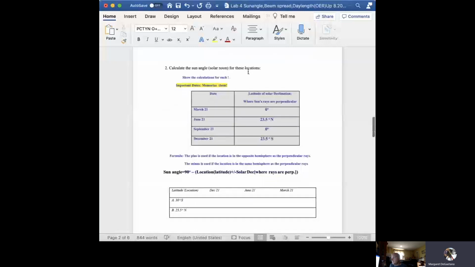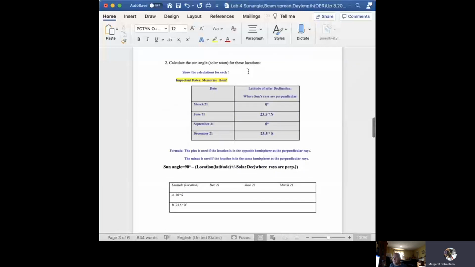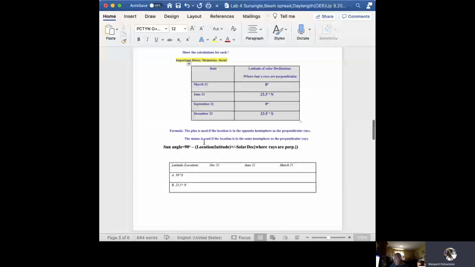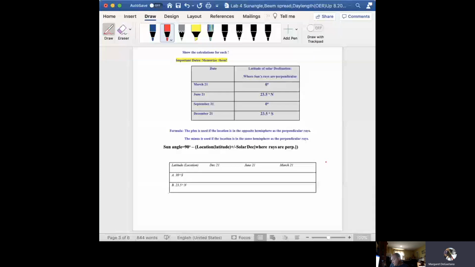The next part is about sun angles. The key for sun angles is to think about where you are on the Earth versus where the rays of the sun are perpendicular.